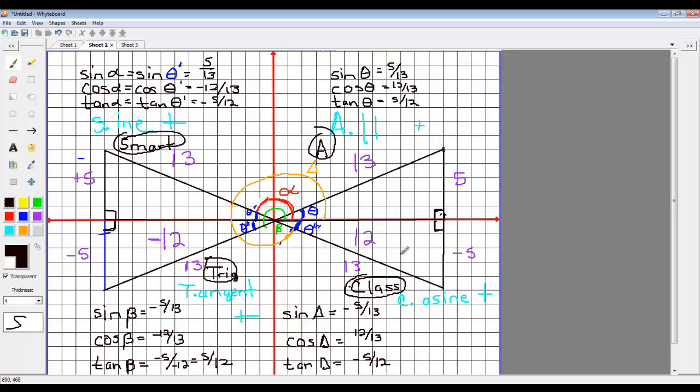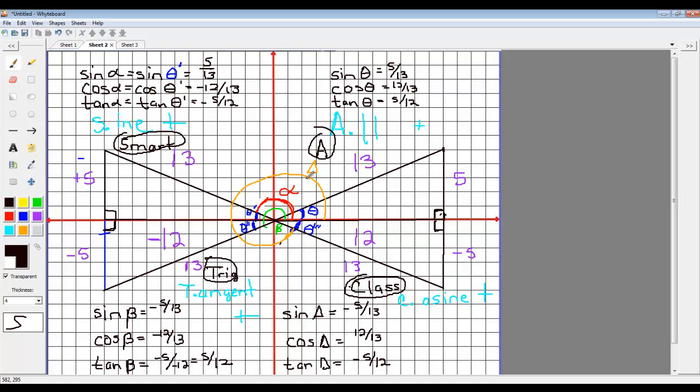Then you can draw a reference triangle. Use your sine, cosine, tangent knowledge, the whole opposite over hypotenuse, adjacent over hypotenuse, opposite over adjacent, to get your fractions, and then assign the positives or negatives based on what quadrant the angle fell in. And then you can find these values for any of your angles. It doesn't have to be positive acute angles. It can be obtuse.